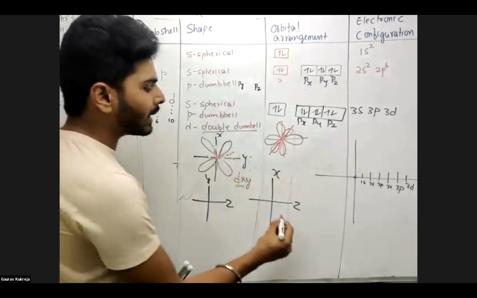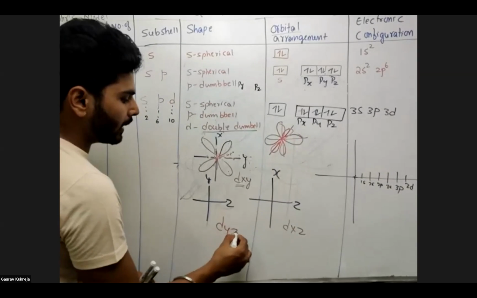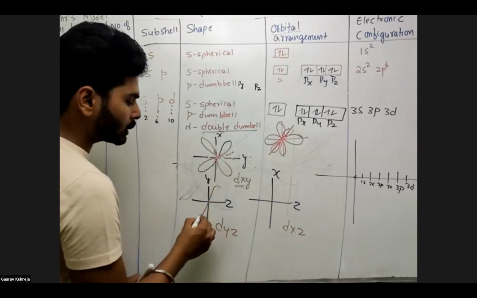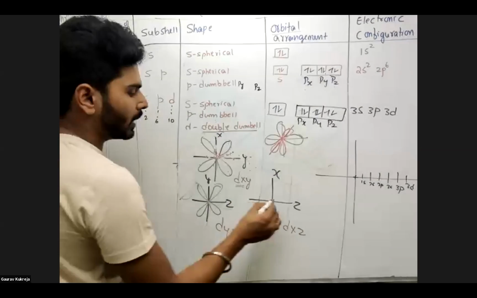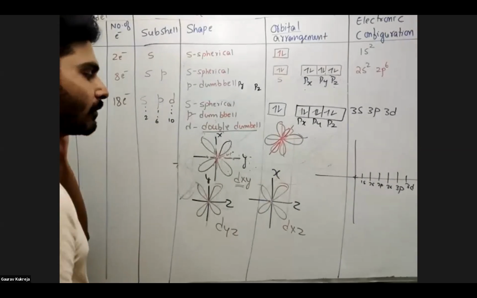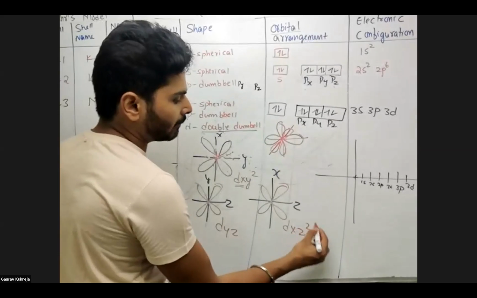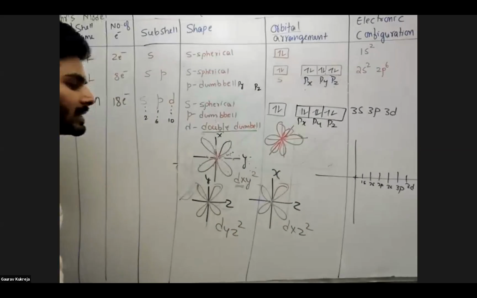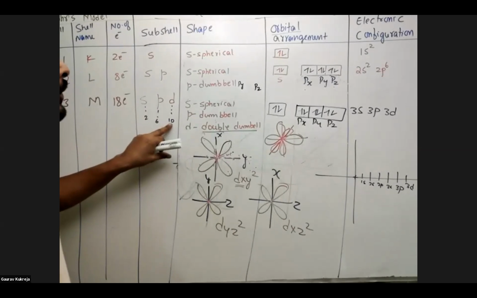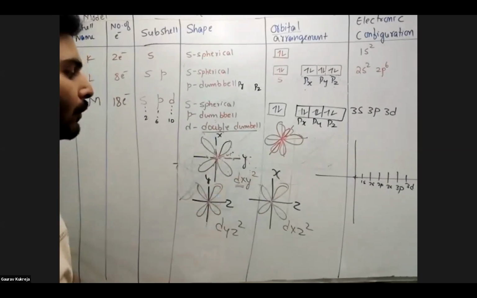Similarly, you can expect dxz plane and dyz plane. There also you can expect double dumbbell manner, two electrons revolving. So दो electrons ऐसा revolve कर सकते हैं. See dxy में two electrons, dxz will have two electrons, that of dyz will have two electrons. So we have to fill 10 electrons, but 6 electrons we have already filled.